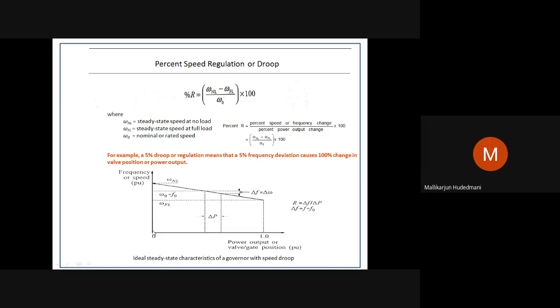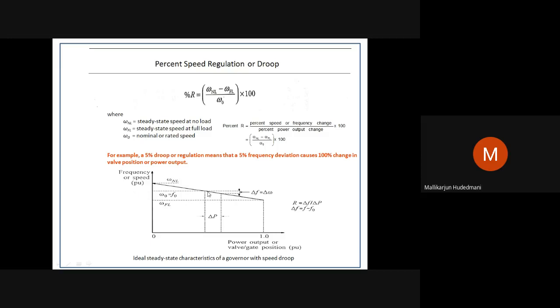So graphically, a curve which I sketch, frequency versus power or RPM versus power, the slope of the curve represents the droop characteristics. It is delta F by delta P or delta omega by delta P. Suppose this particular generator operates at 1 PU frequency.